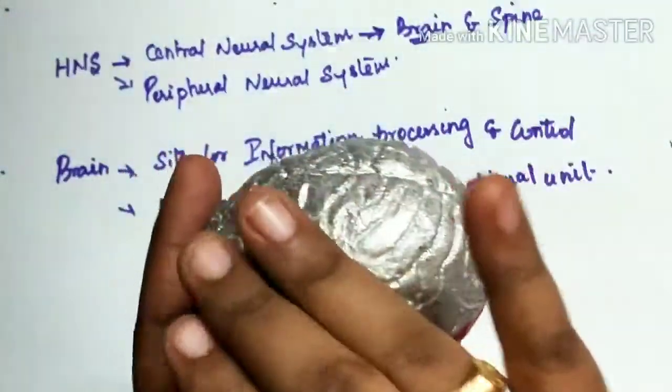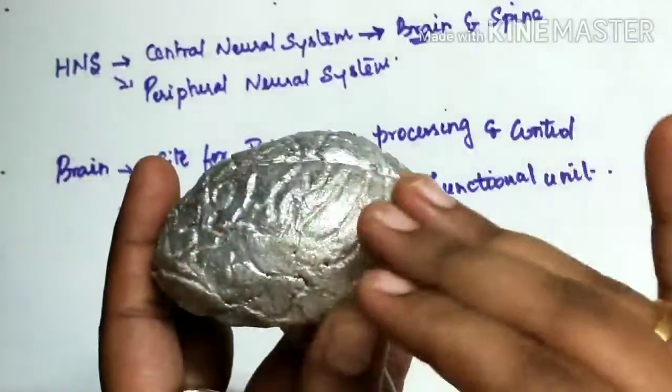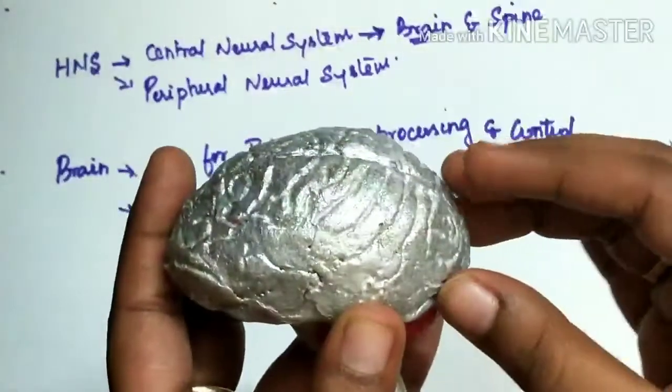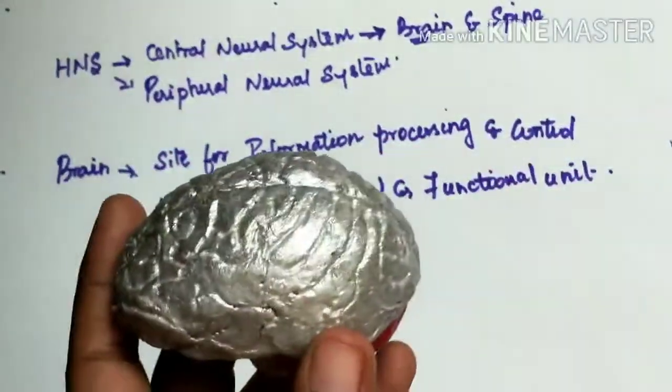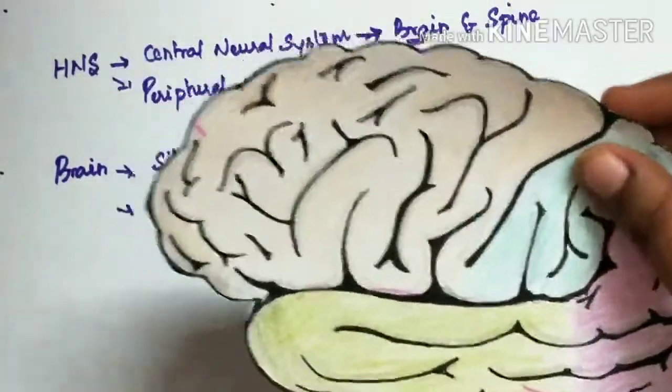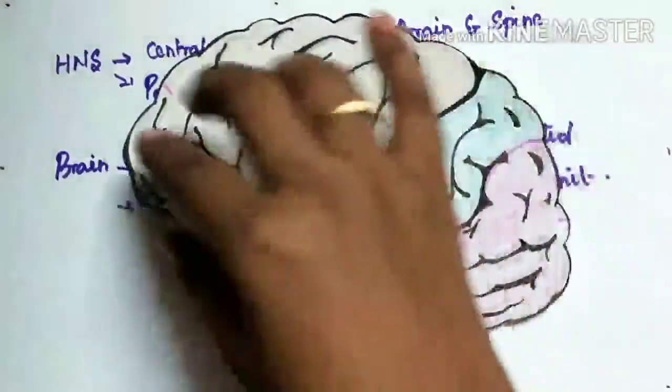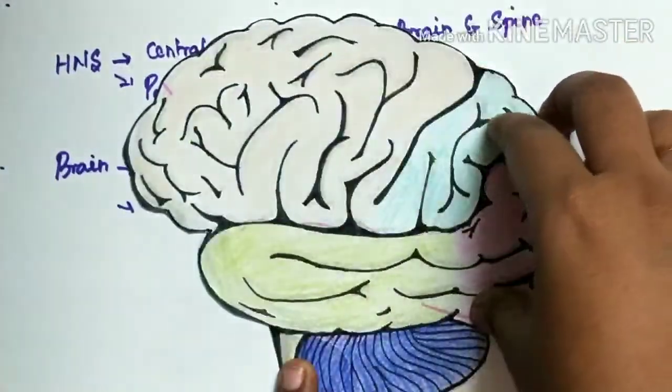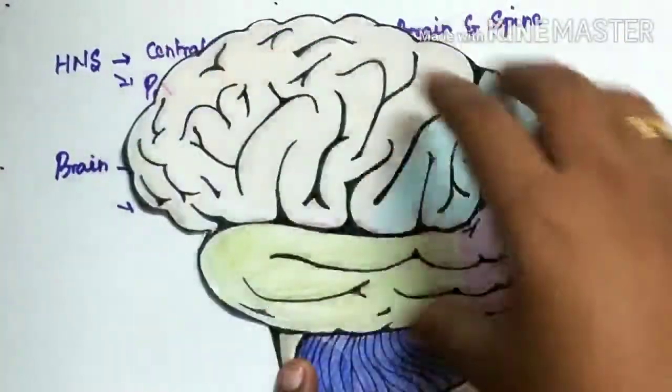Our brain can be divided into four lobes, that is the frontal lobe, parietal lobe, occipital lobe and temporal lobe. While talking about the cerebral cortex, I have made a picture showing the different lobes in distinct colors.